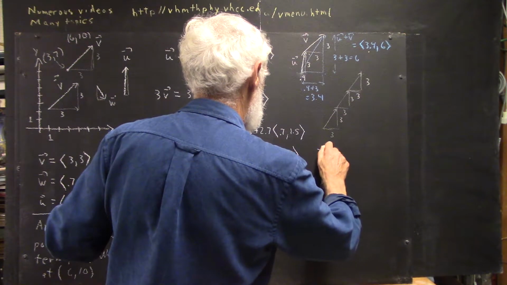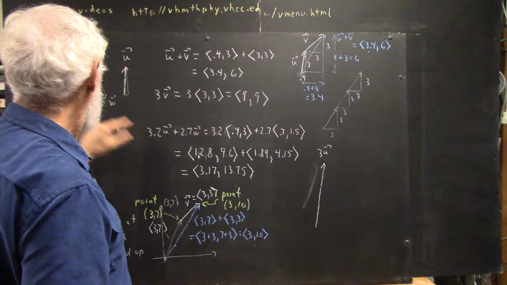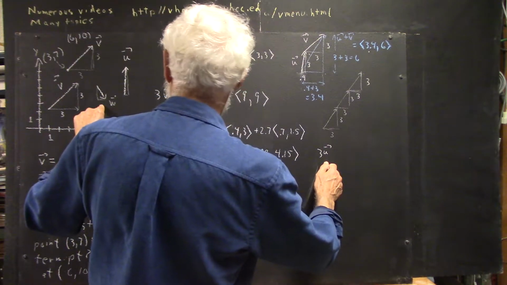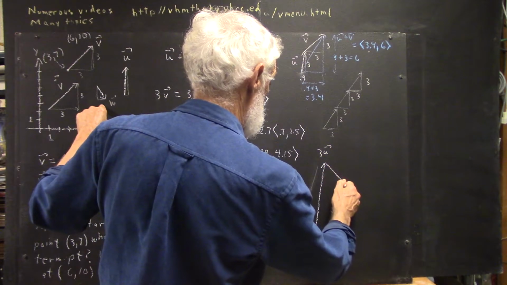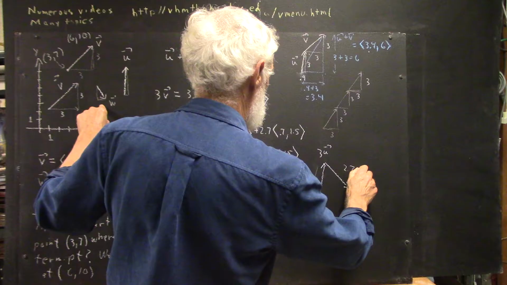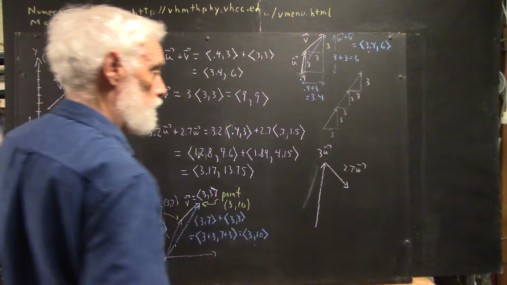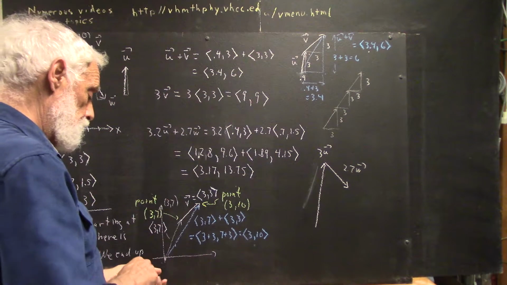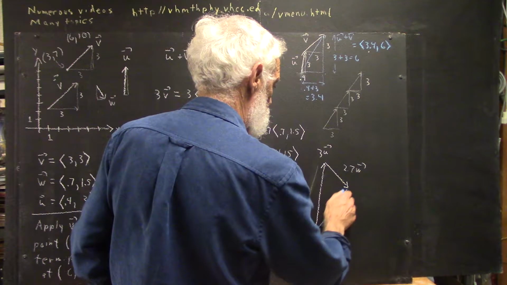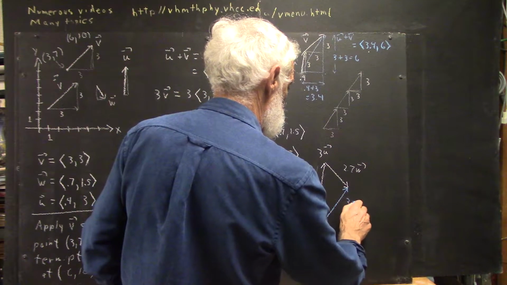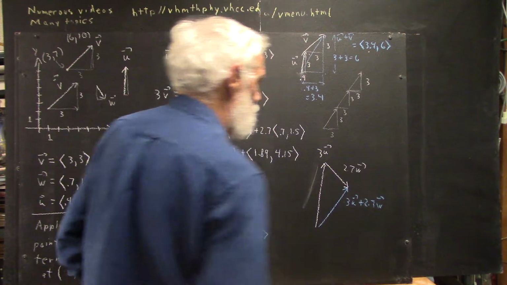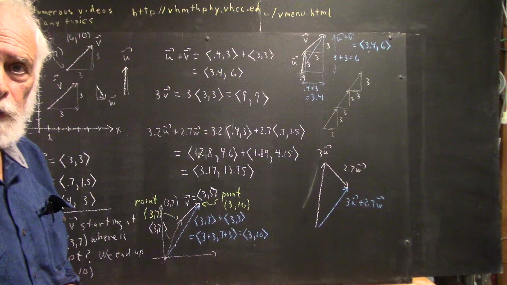So if this is 3.2u, and then we do 2.7w, well, it's going to be 2.7 times as long as that vector, maybe like this, and I'm not doing a very good job of getting the relative lengths or anything. So here would be the vector 3.2u plus 2.7w.